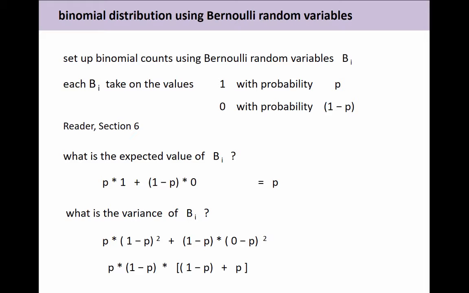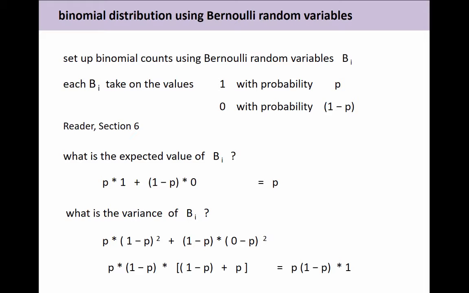And so of course the expression I've put in the square brackets, 1 minus p plus p, is just going to be equal to 1. So the variance of one of these Bernoulli random variables, b sub i, is going to be equal to p times 1 minus p times 1.